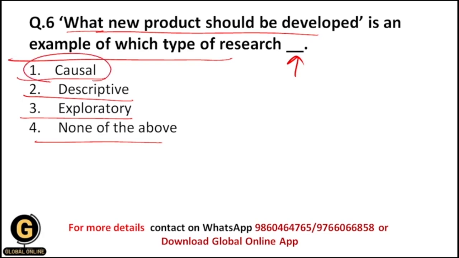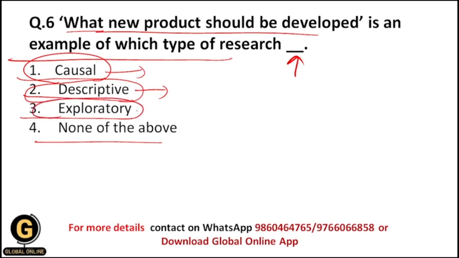Causal research is the research type in which I establish the causal relationship between two variables, such as the independent variable and dependent variable, or you can say cause and effect variables. Within descriptive research, I describe the characteristics whatever there are.